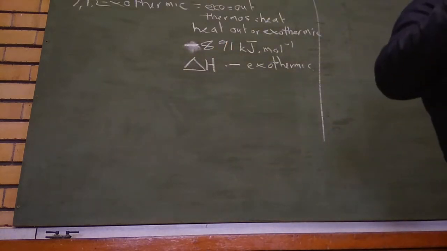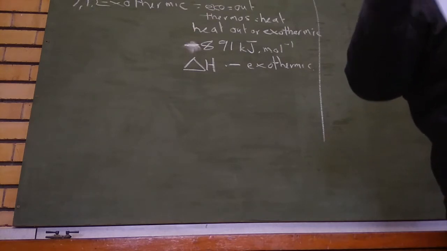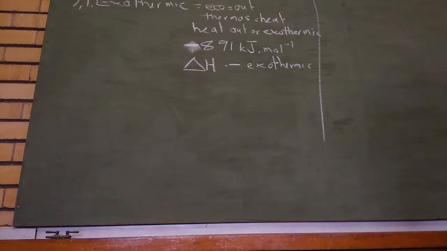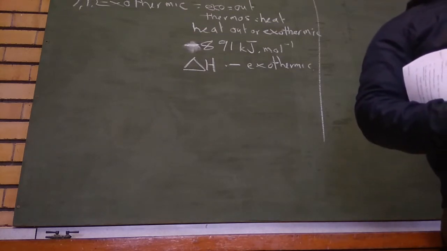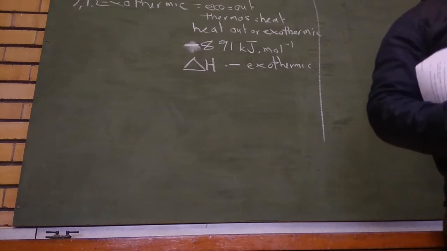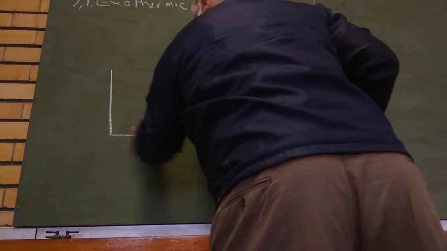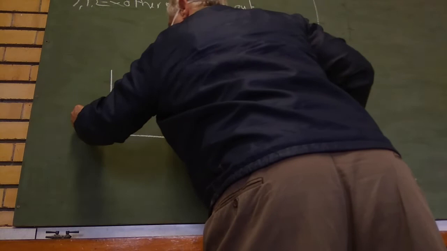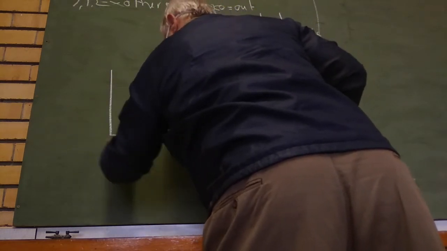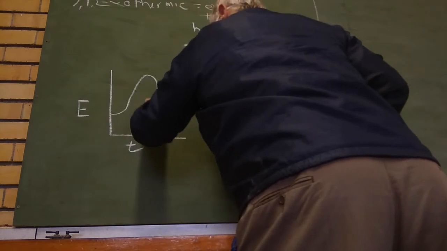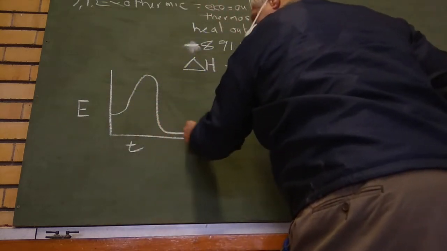Then they always give you a graph that looks like this. But this is more matric. This is your time, this is your energy. You go over a little activation hump, and then this is the energy of your reactants, and this is the energy of your products.